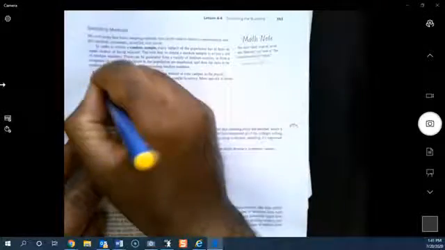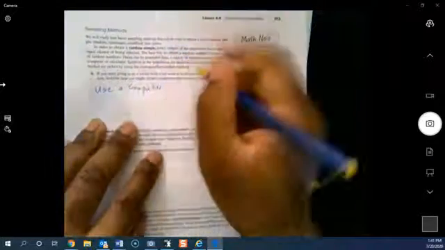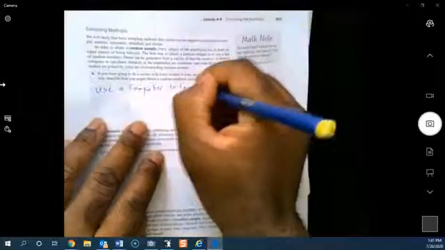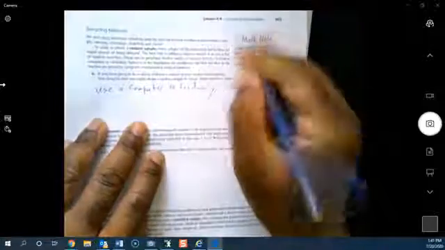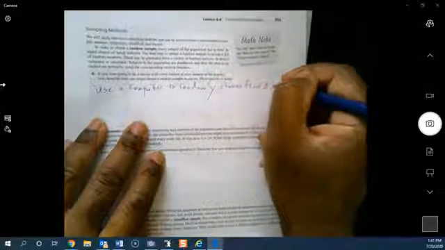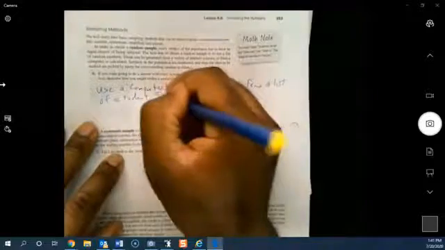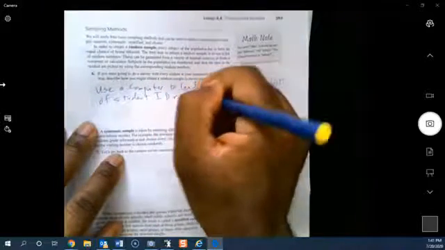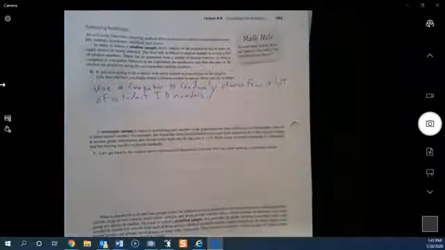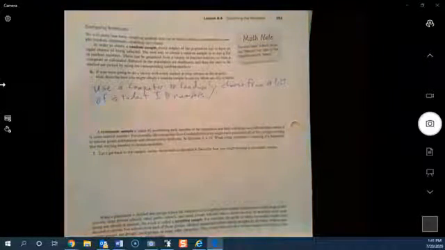So we would use a computer to randomly choose from a list of student ID numbers. That'll be very random.